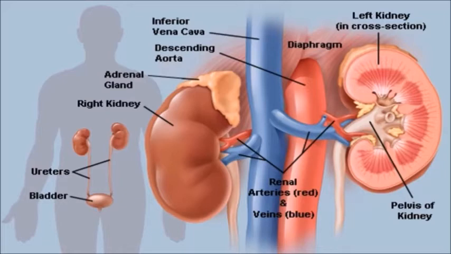They are bean-shaped, dark red, slightly flattened structures present in the upper part of the abdominal cavity between the levels of the last thoracic and third lumbar vertebra along the dorsal body wall, one on either side of the vertebral column.